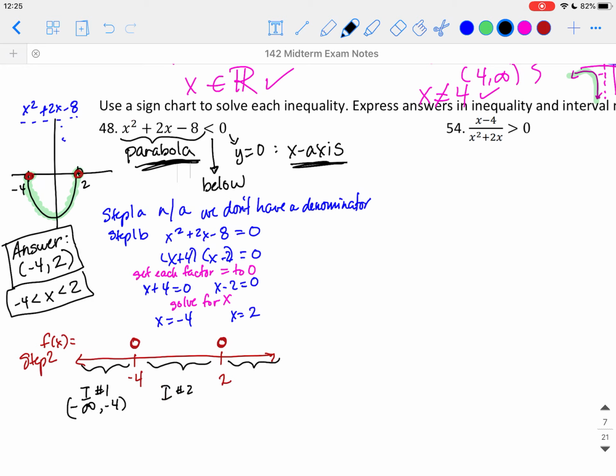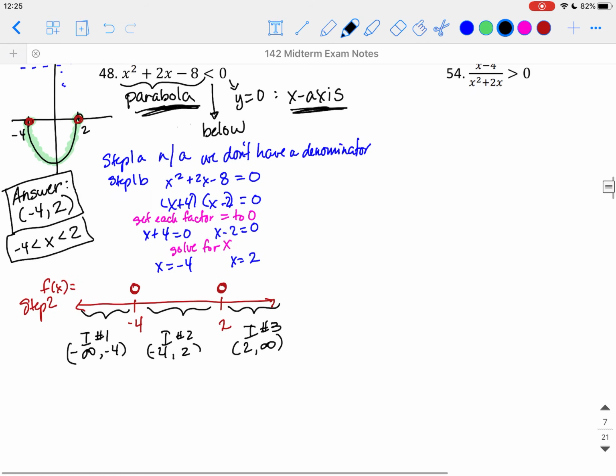Interval number 2 goes from -4 to 2. And interval number 3, so I is for interval, is going to go from 2 to infinity. So step number 3 says to pick a number for each interval.